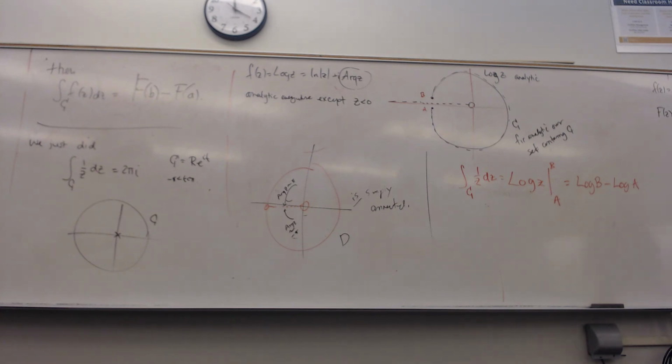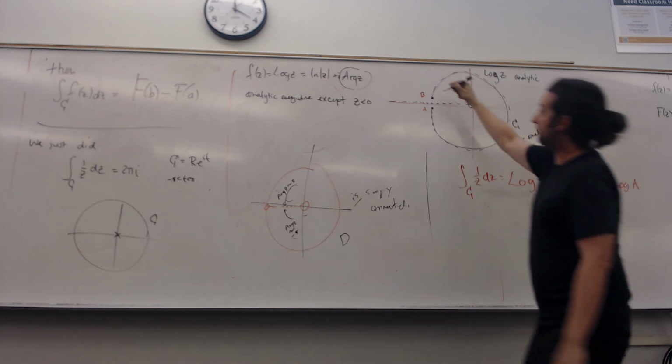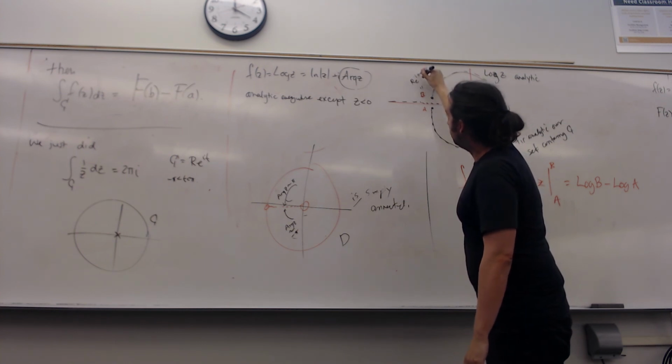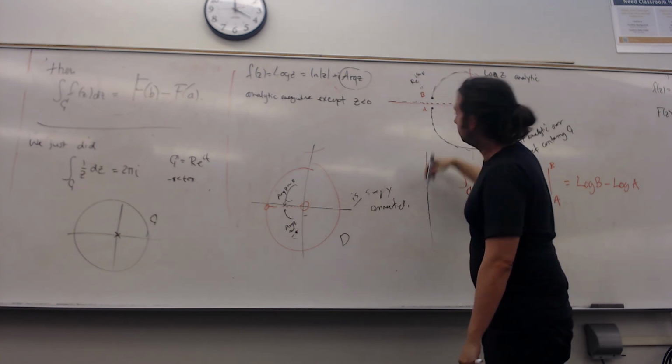So now, because I am probably out of time, I'm going to have to leave this off slightly here. So the question is, what should happen if I let b and a approach each other in the limit? This point we think of as being like r e to the i pi plus epsilon.